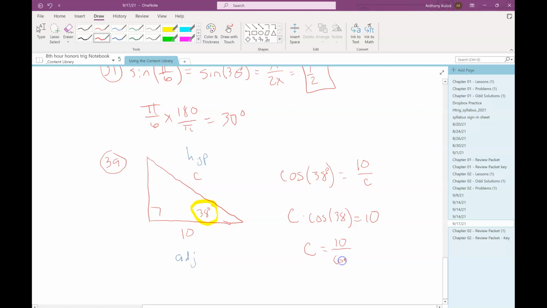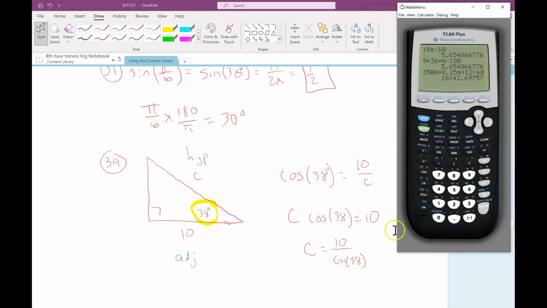I wouldn't do that until the very end, because every time you do arithmetic, you're going to have to do some rounding, and then you potentially create a lot of error, enough error that you could get the wrong answer. But I'm just going to hang on to the cosine 38 until I'm ready to go to my calculator, which I'm ready to do now, since the C is all by itself.